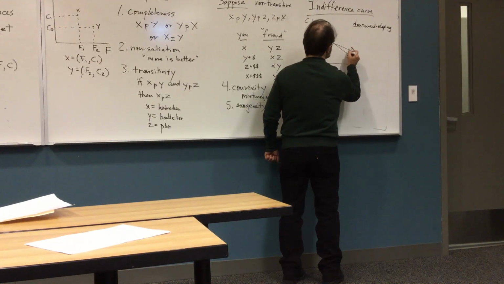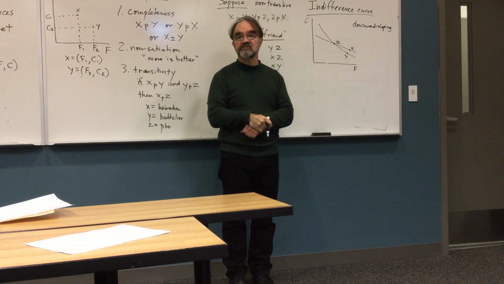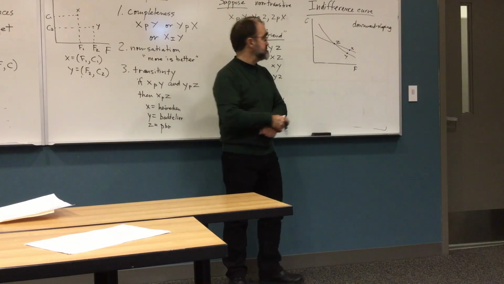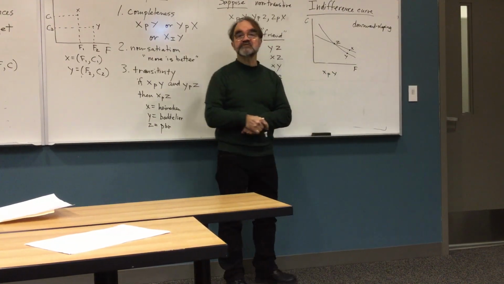Call this X, call this Y, and call this Z. Three different baskets. Tell me about X versus Y. Which is preferred? X has to be preferred because it has more of both goods, right? So we know X is preferred to Y. What about X versus Z?